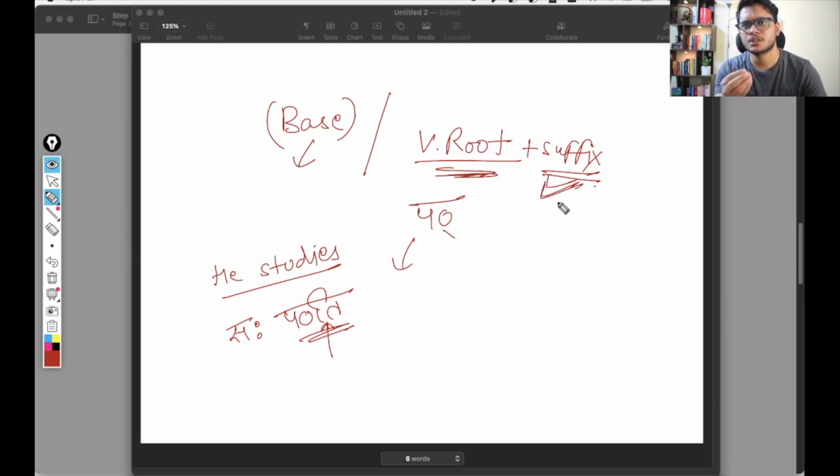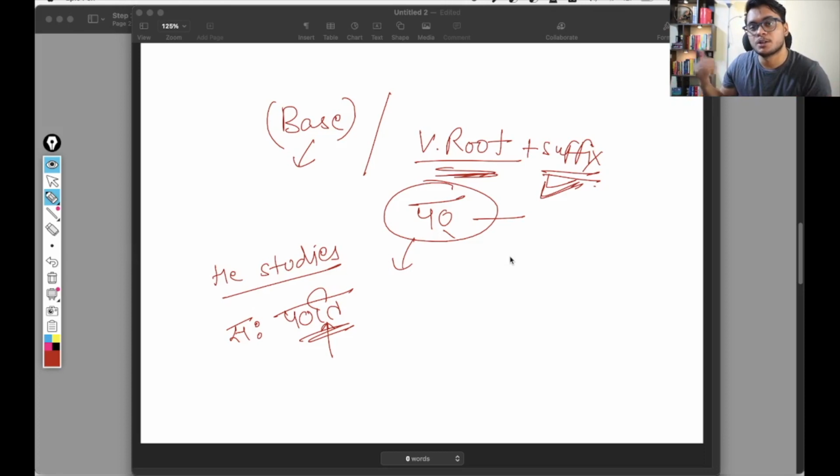In Sanskrit, suffixes are called pratyay. Don't worry about that. Just remember that you always have a verb root, and through that verb root you can form different kinds of verbs: a third person verb, or a present tense, past tense, future tense, imperative mood, anything.